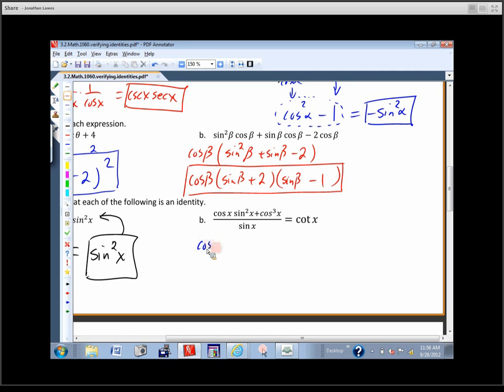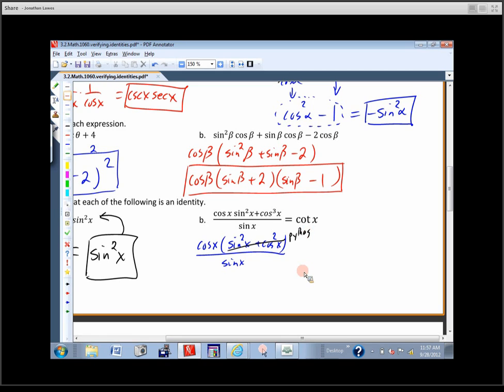So if I take out the cosine of x, I'm left with sine squared of x from the first term, and I've got 3 cosines, so I've got 2 of them left, so that's going to be cosine squared x. That's going to be all over the sine of x. Okay, I can cross this off and call it a 1. It might be good, and we're going to get to a point where I'm going to give you a little project where we do this.